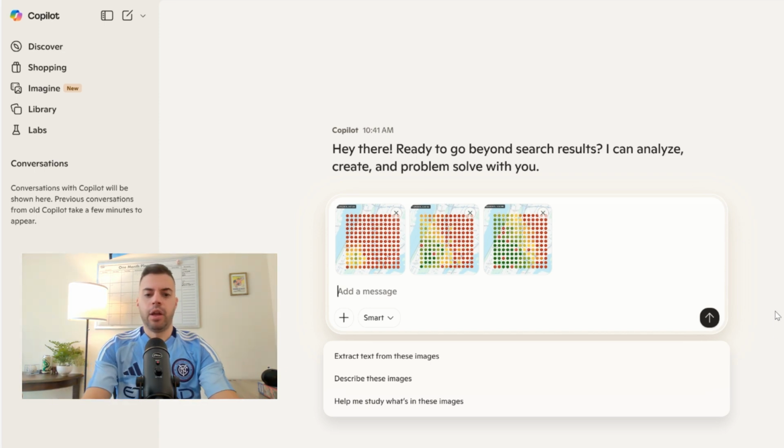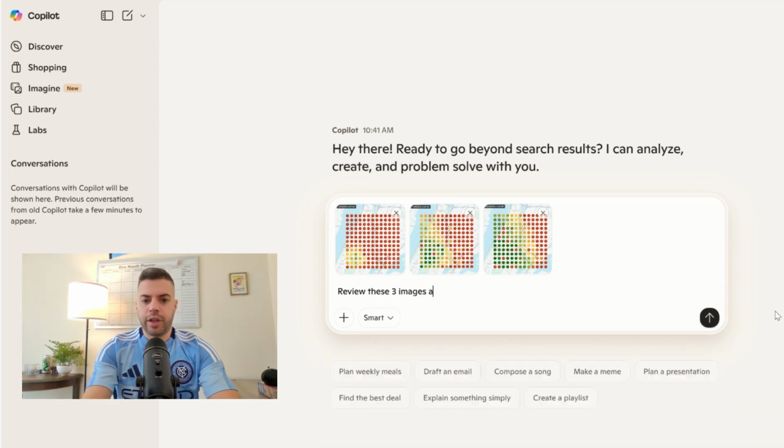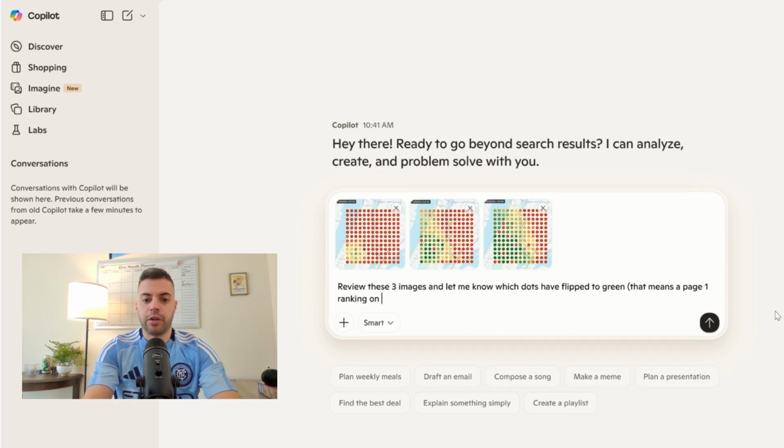So I'm going to say review these 3 images and let me know which dots have flipped to green. And I'm going to say that means a page 1 ranking on Google search, which is good.